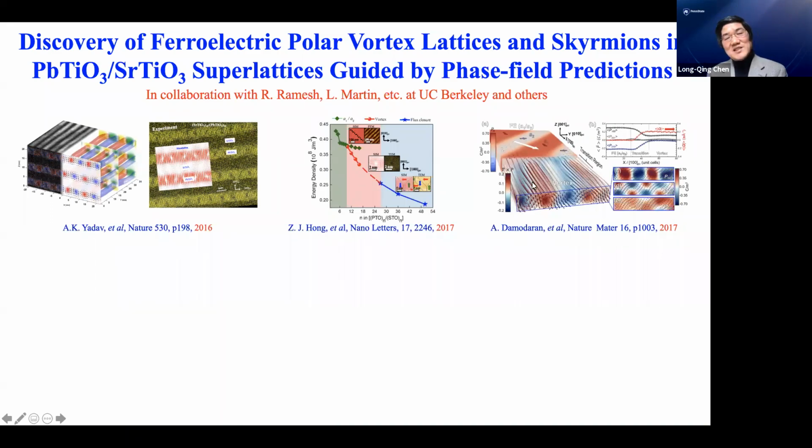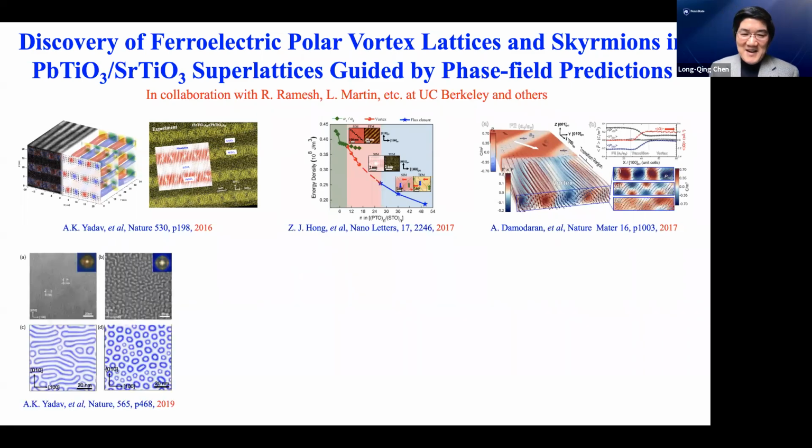You can have coexisting twin states and vortex states, just like different polar states, almost like different phases in a normal phase diagram, and they can coexist. If you change the substrate, you can also totally change the polarization distributions.